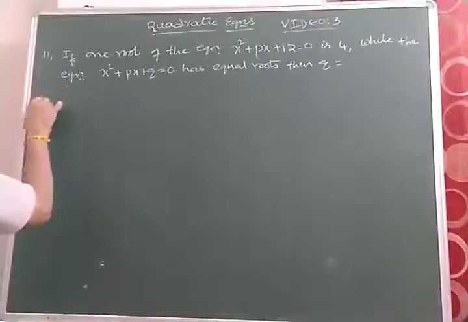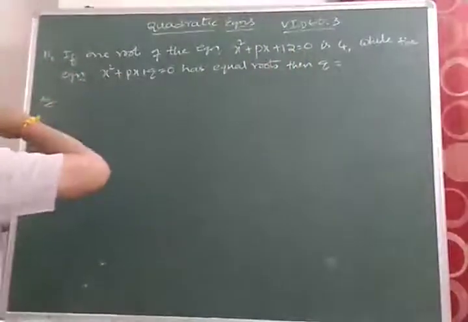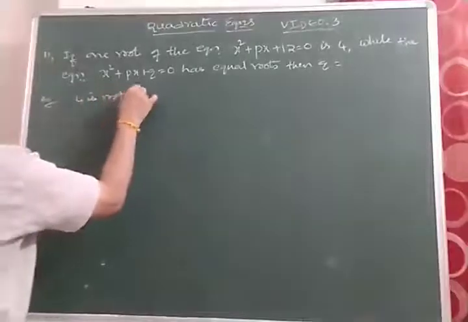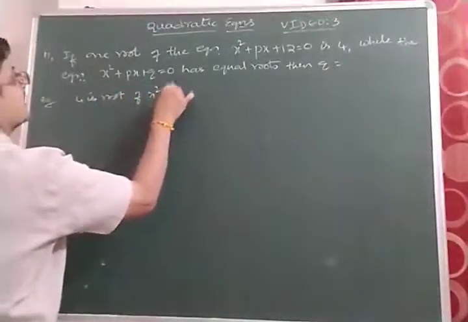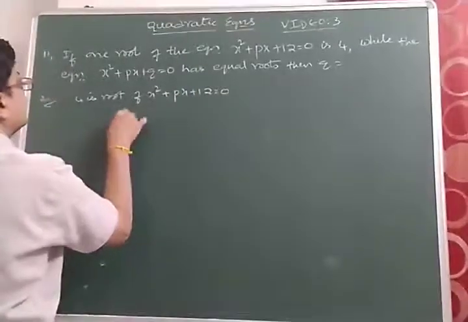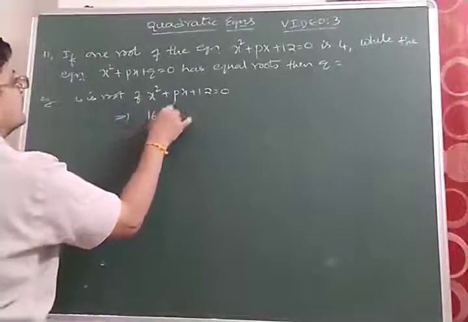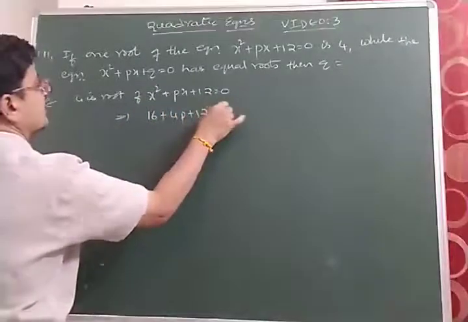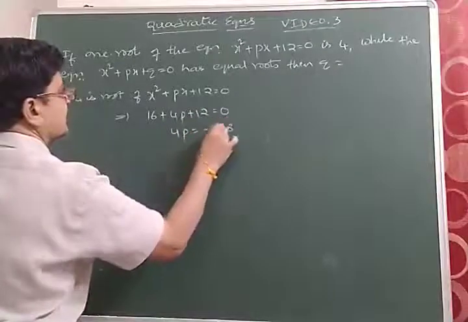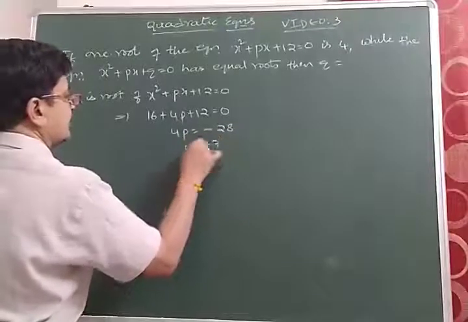So the first equation has 4 as a root. Substituting 4 in this equation, 16 plus 4p plus 12 is equal to 0. 4p is equal to minus 28. P is equal to minus 7.